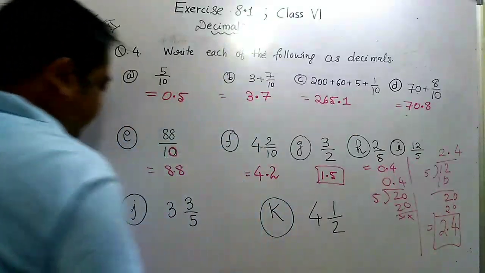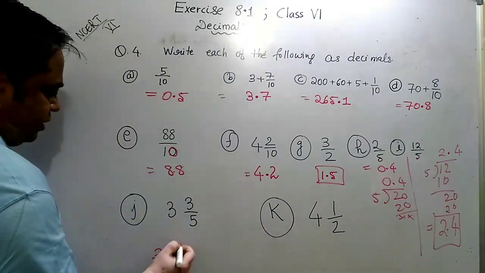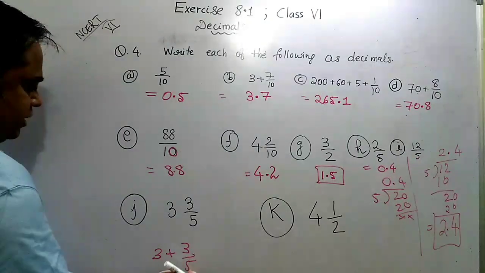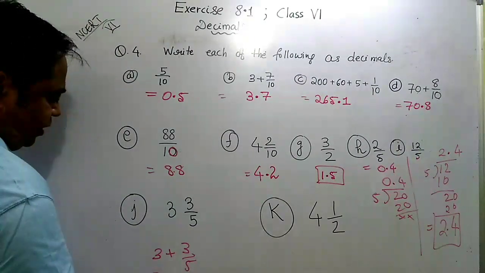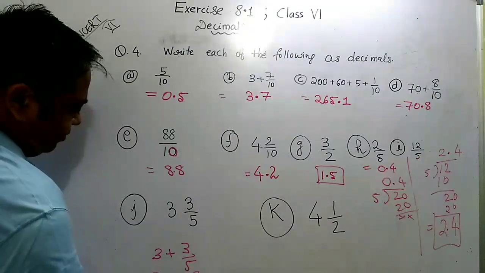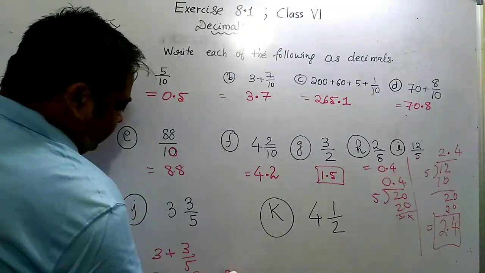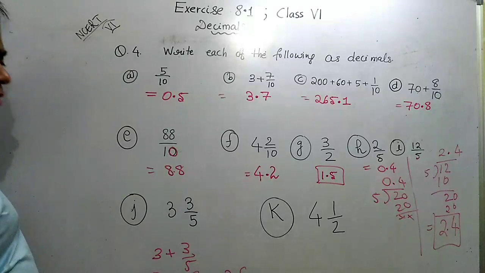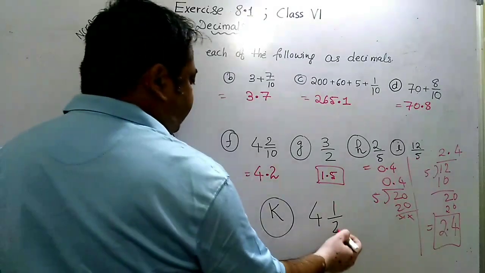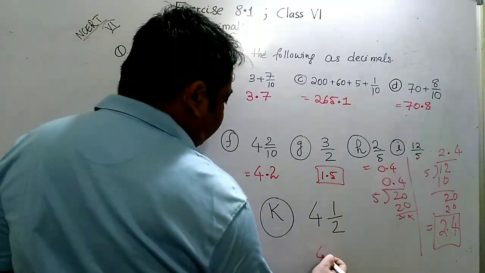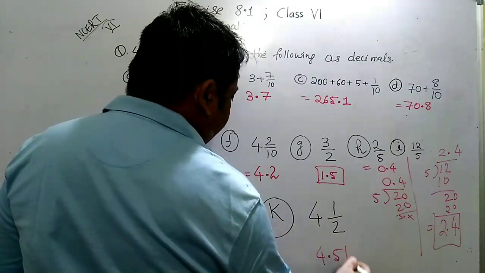Yes, 3 plus 3 by 5 can be done like that. This can be made 10 by writing 3 plus 6 by 10 will be equal to 3.6. We know that 1 by 2 can be written as 0.5, so we can write this as 4.5.